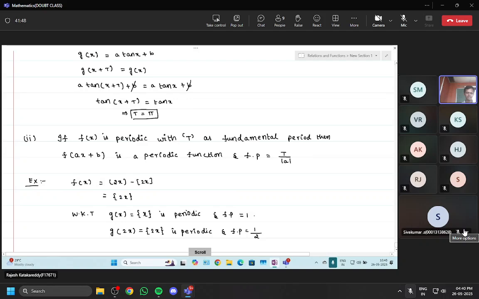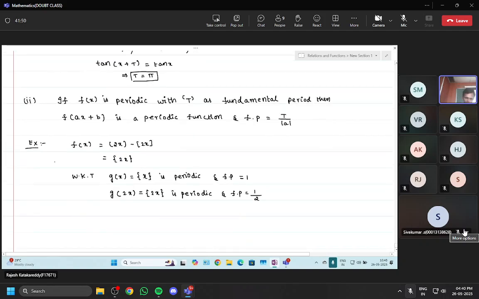For example, instead of multiplying, we can also have division. Now, let us take sin x. We know that f of x equals sin x is periodic and the fundamental period is 2 pi. Now, what about f of x by 2? F of x by 2 is sin x by 2. This is also periodic, but the fundamental period becomes 2 pi divided by 1 by 2, I should write, guys.